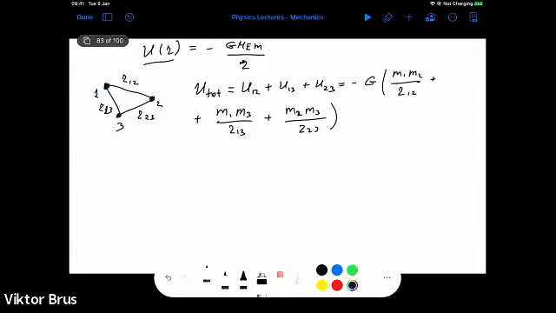Okay, so now we can come to this point when we consider motion of planets and satellites in terms of energy, like total mechanical energy, which means sum of kinetic and potential energies.